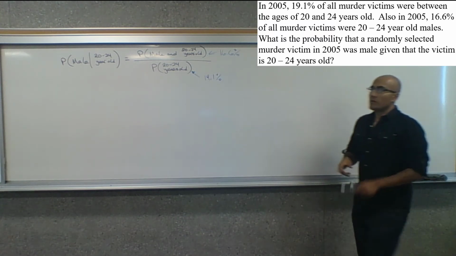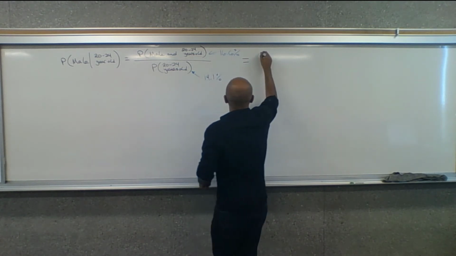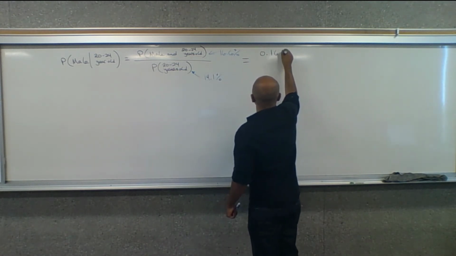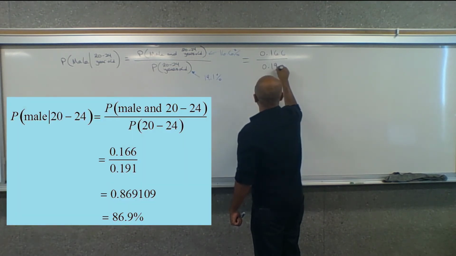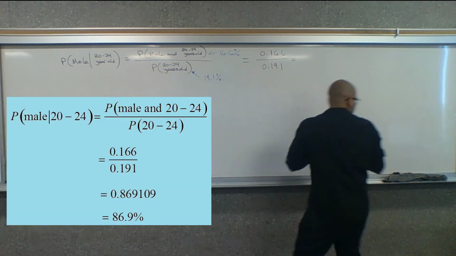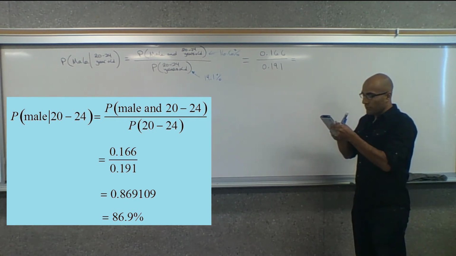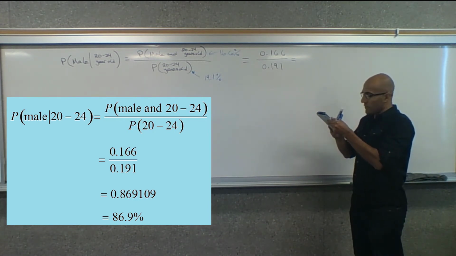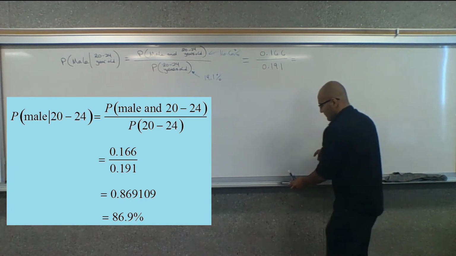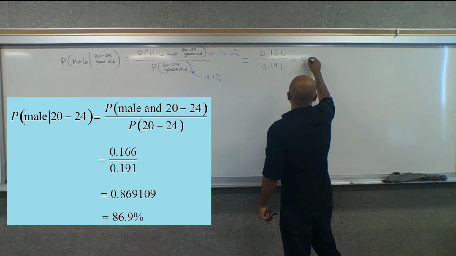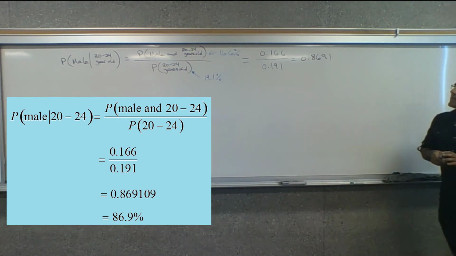So I know that this whole thing is going to be equal to 0.166 divided by 0.191. So we can take our calculator, divide that. 0.8691. Any questions?